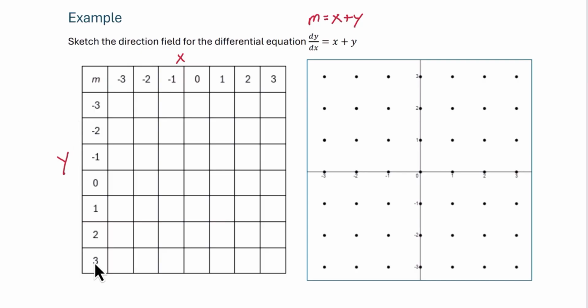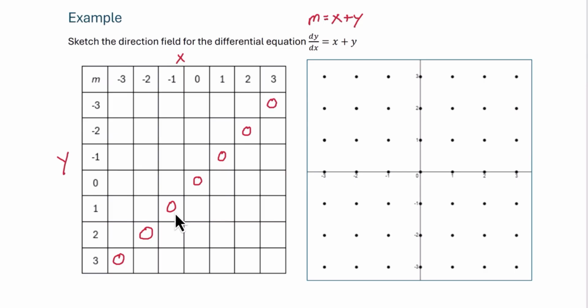For example, 3 plus -3 would be 0. And the next one where we have 0 would be 2 plus -2. That would be 0. And you might start to see a pattern. We have 1 and -1. And that entire diagonal is going to be zeros.